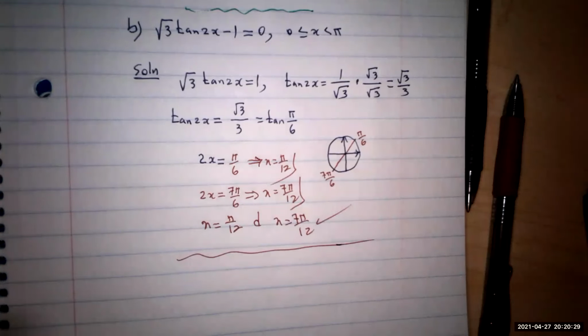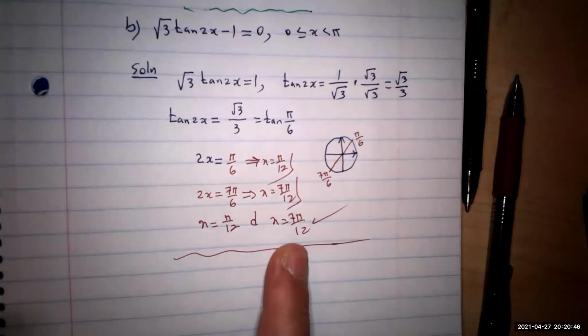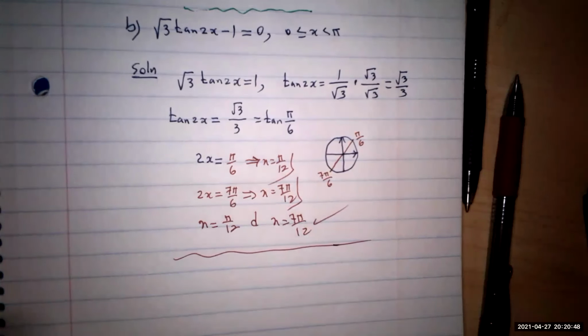Is 7 pi/12 between 0 and pi? What is 7 pi/12? What's pi/12? I think pi/12 is going to be 15 degrees, and 15 times 7 is going to be less than 180.